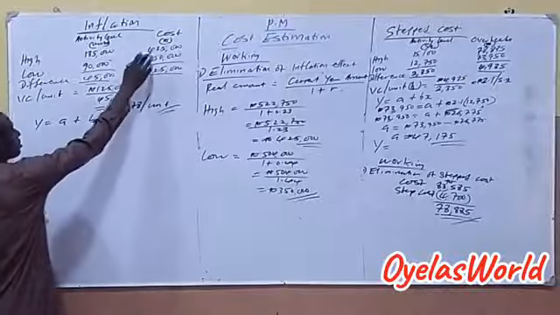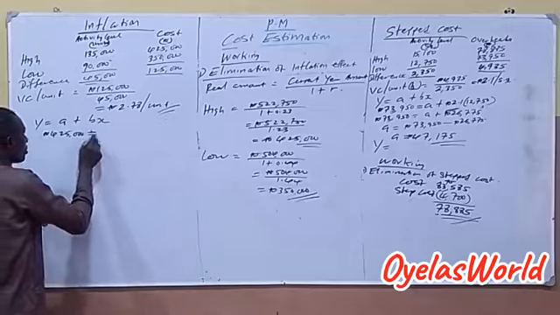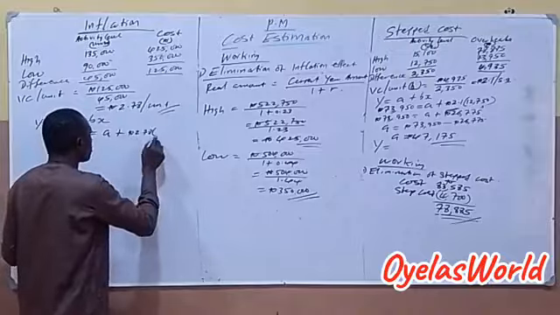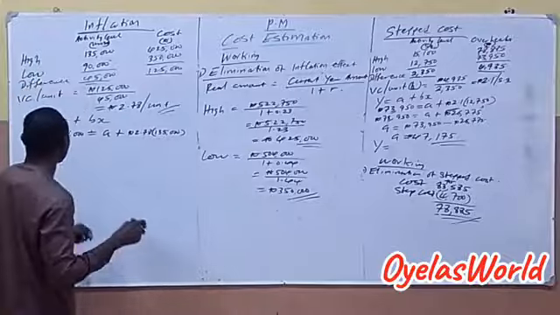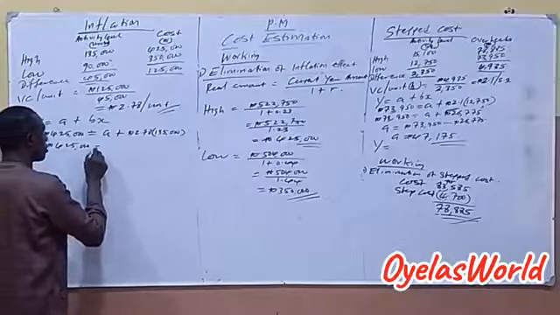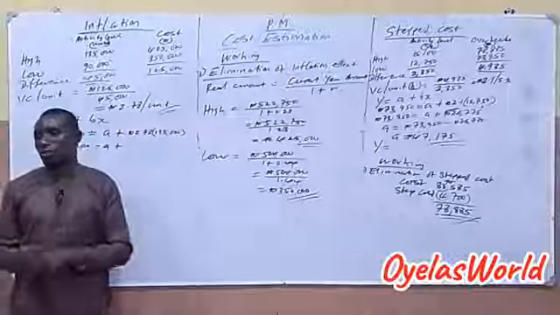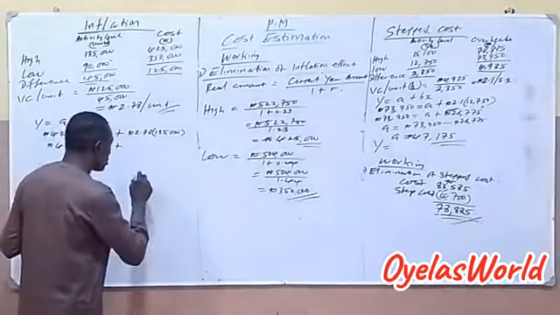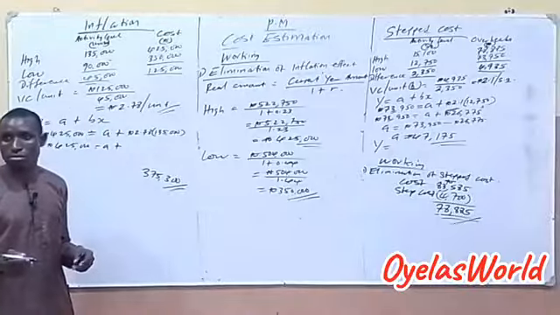The cost is 425,000, equals a, which is the fixed cost, plus b, which is 2.78, times 135,000. So 425,000 equals a plus 2.78 multiplied by 135,000. First, give me the figure. It is 375,300.